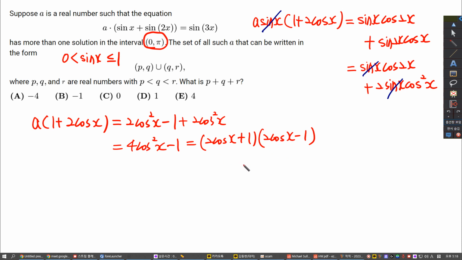So this means this equation always has one solution. That's this 1 plus 2 cosine x is 0. This means cosine x is minus 1 half.